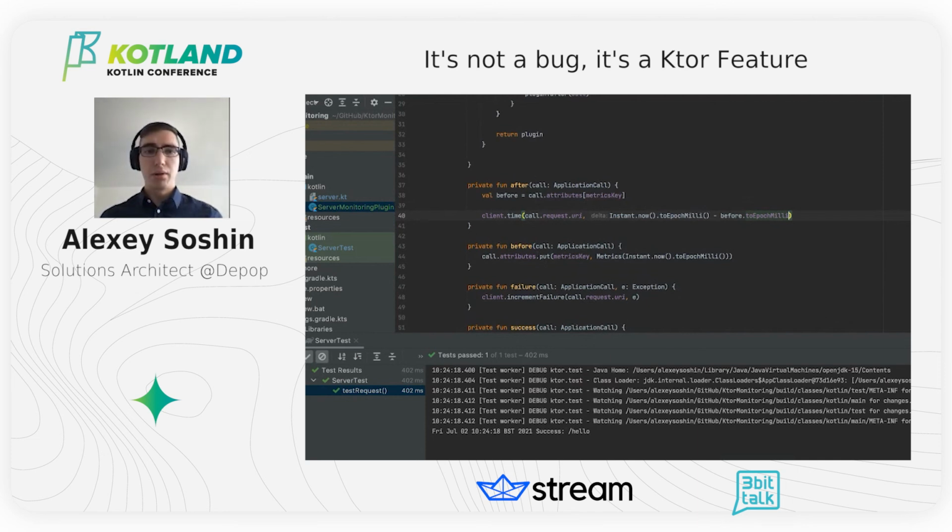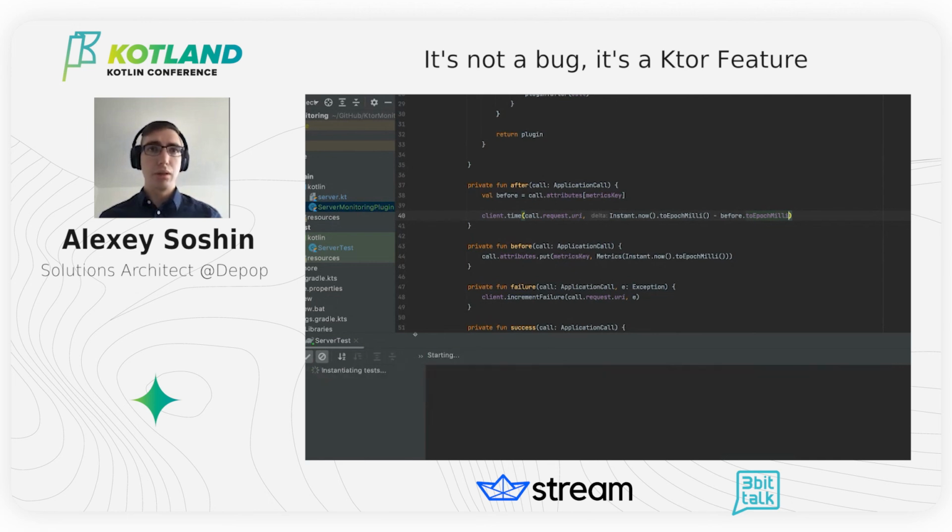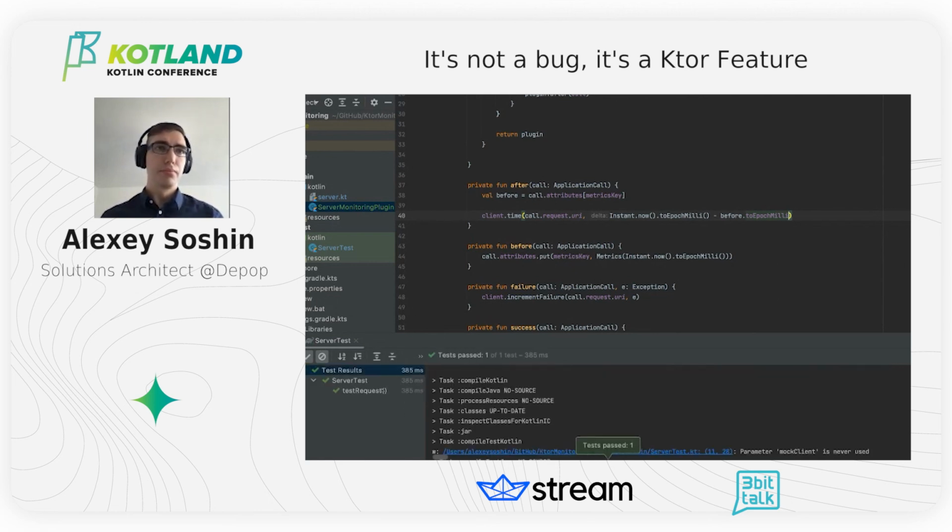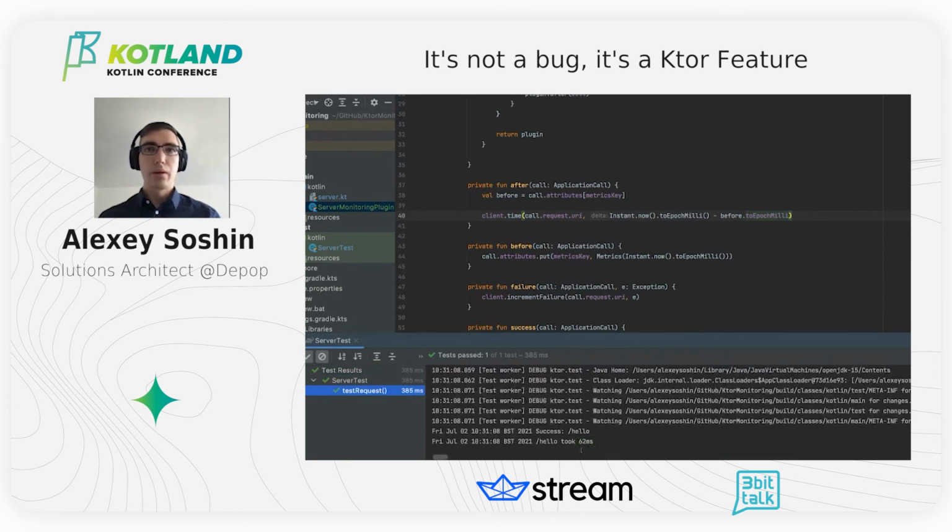So what we do here is that we fetch the value we put when our call has started. Then we calculate the delta between the current timestamp and the new timestamp, and we report it. Let's see how it works. So I'll run my test again. And you can see that now it reports the delta as it should.